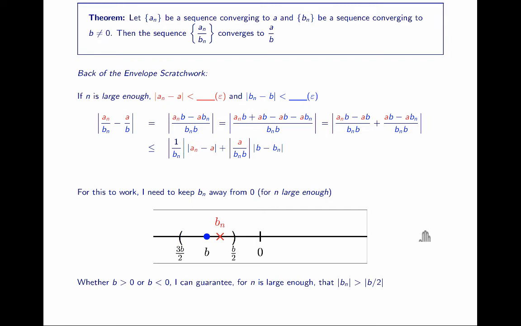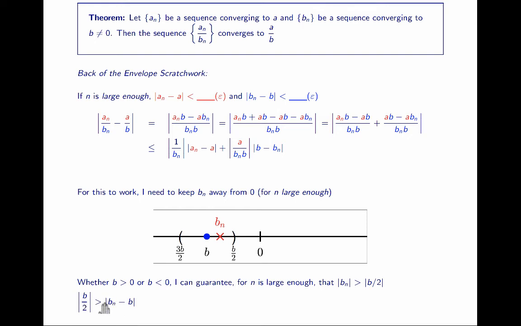Of course, a sketch isn't sufficient. We have to show that it's true not just because of our sketch, but it's true intrinsically. So again, if n is large enough, bn minus b is less than any positive number. So I'm picking the absolute value of b over 2. This inequality follows for n large enough because bn converges to b.